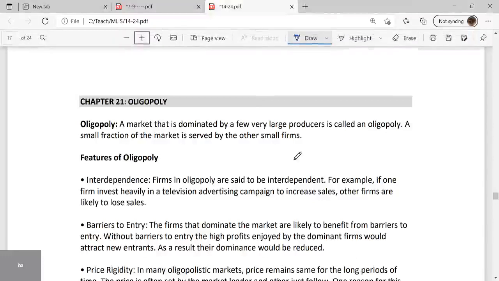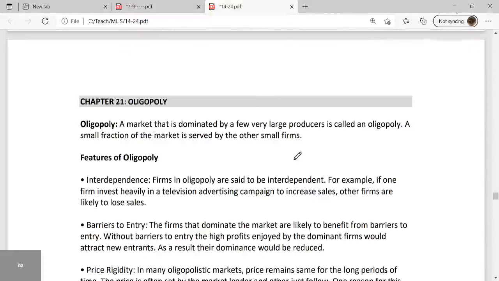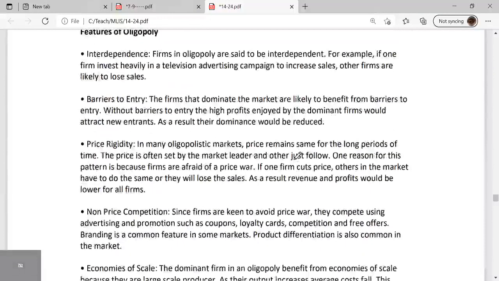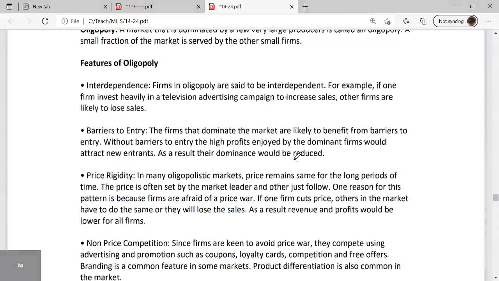Okay, in oligopoly, a few firms are dominating the market. See what's happening: there are interdependencies. That's one of the features of oligopoly. That means one firm is dependent on another firm. Why?